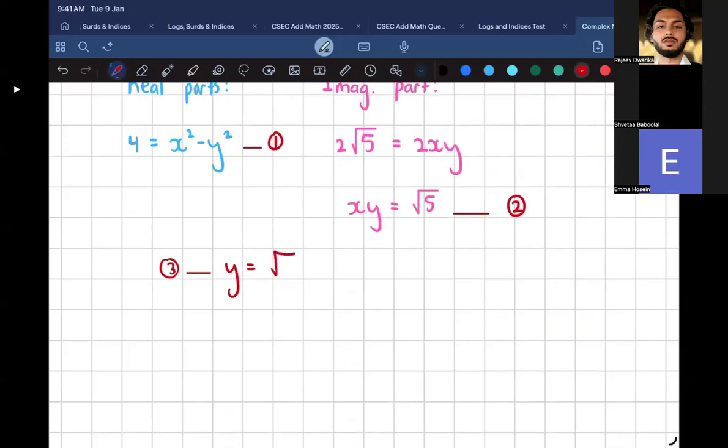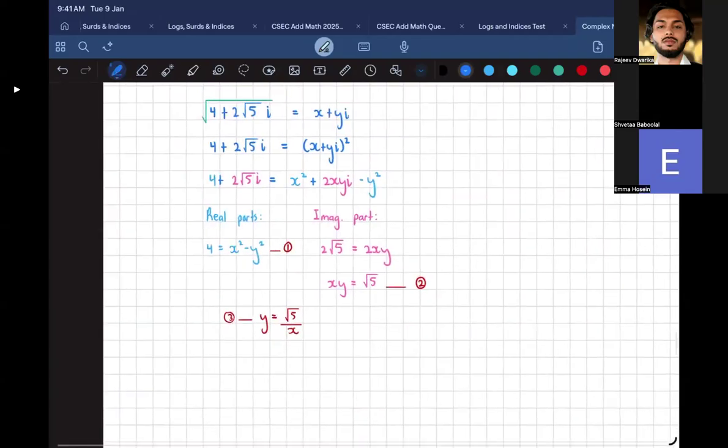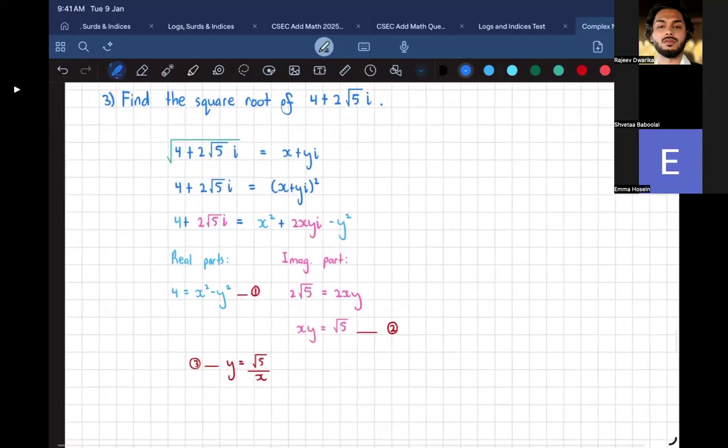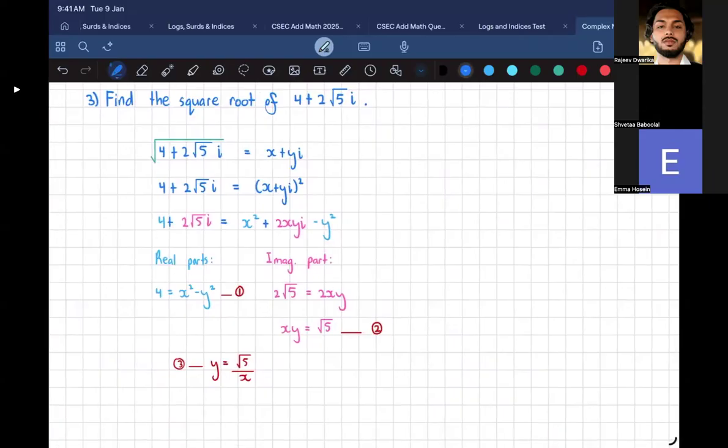Root 5 over x. Gonna plug that into equation 1 now. So that's gonna be 4 is equal to x squared minus y squared. Now we found y to be root 5 over x. Gonna make that substitution.